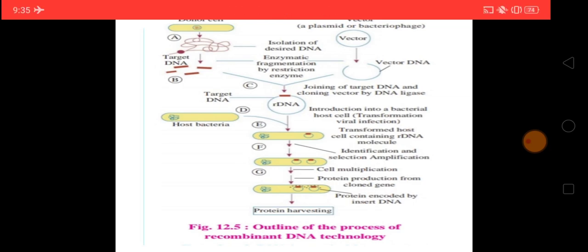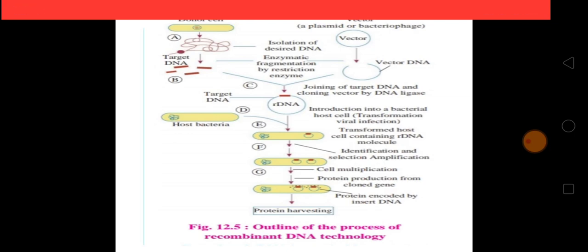For isolation of recombinant cells from non-recombinant cells, a marker gene of the plasmid vector is employed. For example, the pBR322 plasmid vector contains different marker genes.